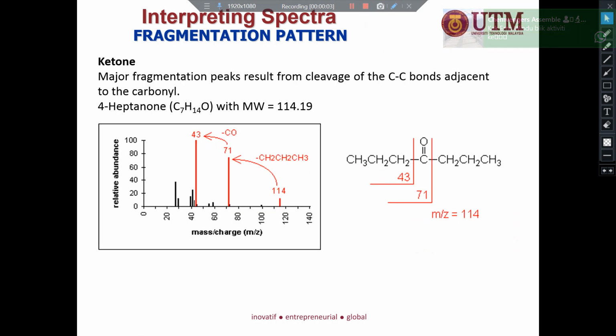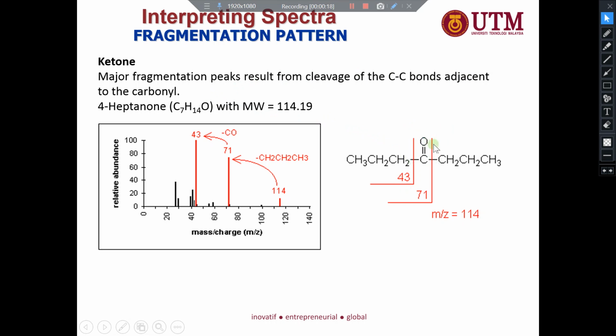The next one is the ketone. The major fragmentation peak results from cleavage of the C–C bond adjacent to the carbonyl. For the C=O, the favorite cleavage is here or here.